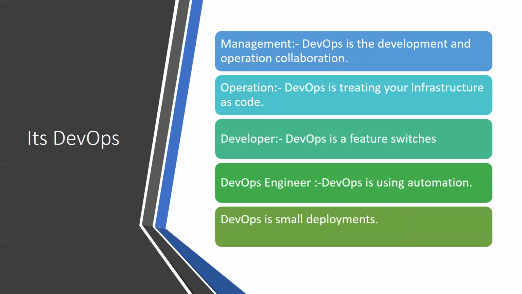For a developer, it is a feature which we can turn on or turn off. For a DevOps engineer, it is complete automation. For others, DevOps is small deployments. It is not a huge amount of deployment, but in the form of chunks.